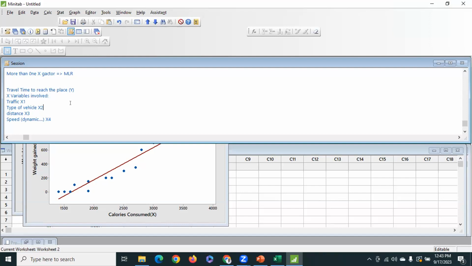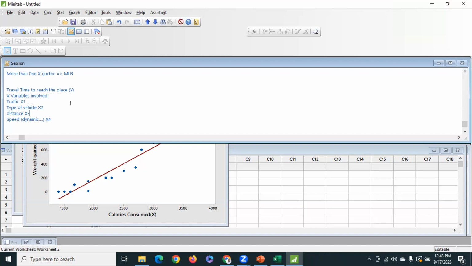It will substitute that value in the equation and find out the y variable. Now the third one, distance, that Google itself knows, but that is also an input. Even though you are not giving it, Google itself will calculate the distance. The more the kilometers, the more the time. The fewer the kilometers, the less the time. Now, finally, your instantaneous speed.